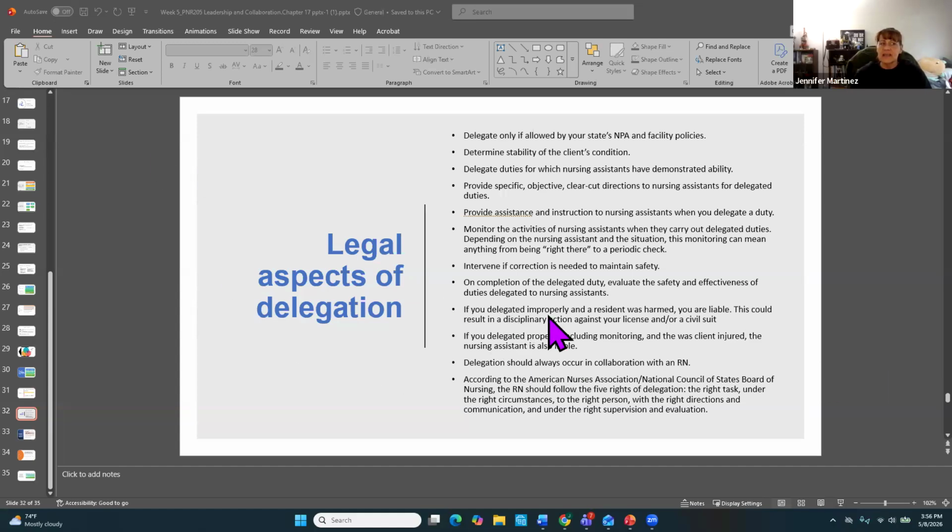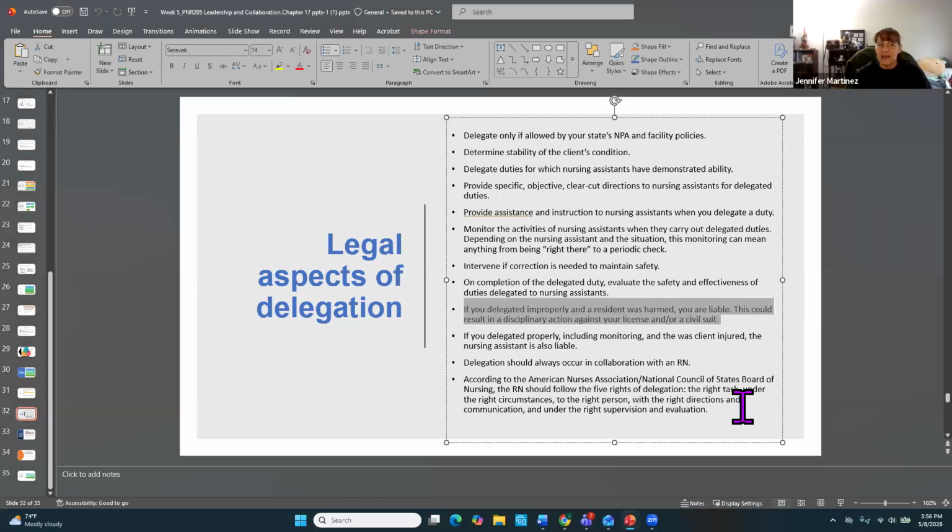This is that legal stuff. If you delegated improperly and a resident was harmed, you are liable, okay? And that can result in disciplinary action against your license and or a civil suit. So for example, I'm going to throw something out here completely out of the blue.